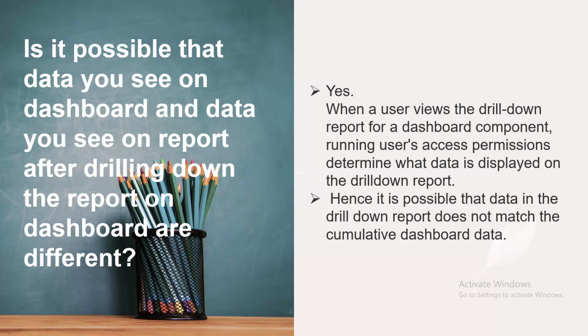Yes, the answer is yes. When a user uses the drill-down report for a dashboard component, the running user's access permissions determine what data is displayed on the drill-down report. So we need to provide some permissions on that. Hence, it is possible that the data in the drill-down report does not match the cumulative dashboard data. That's the answer.